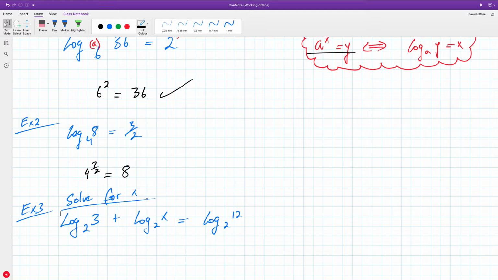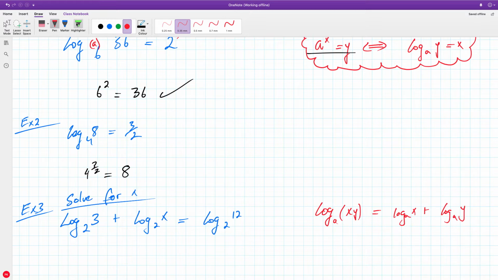The left hand side. You should get 4. Any idea, guys? So, because all the bases are the same, using the first rule, which states that the log of x by y to the base a is equal to the log of x to the base a plus the log of y to the base a.